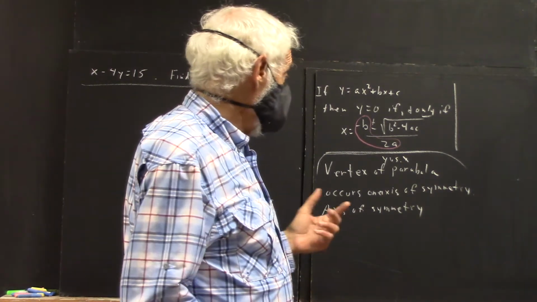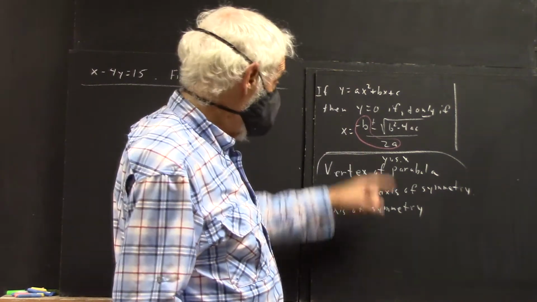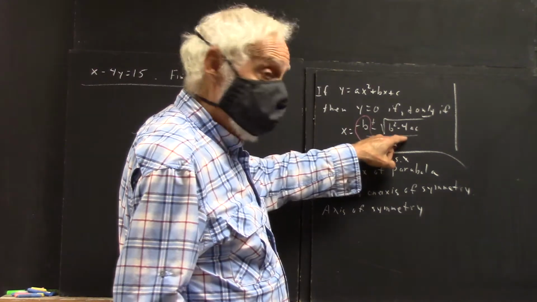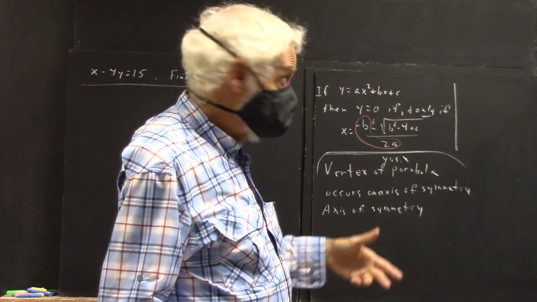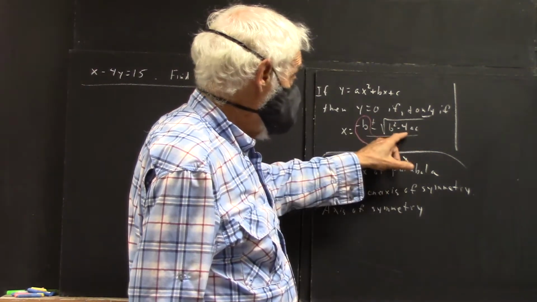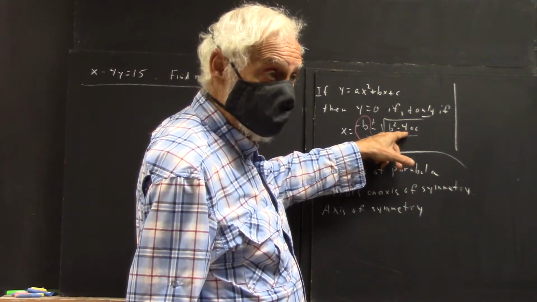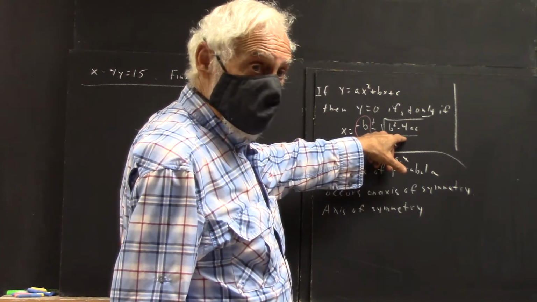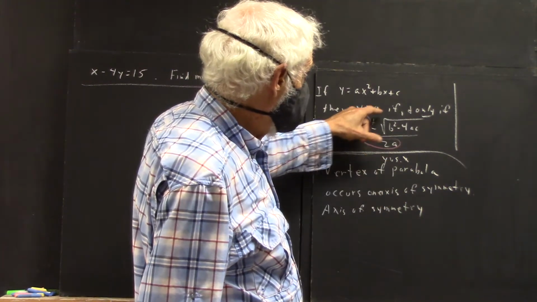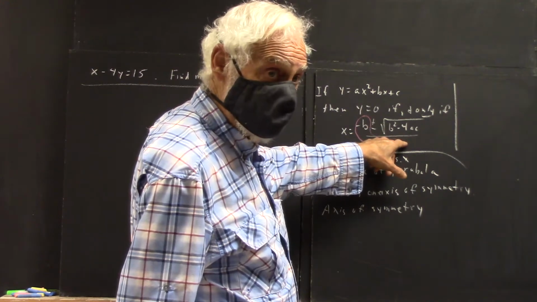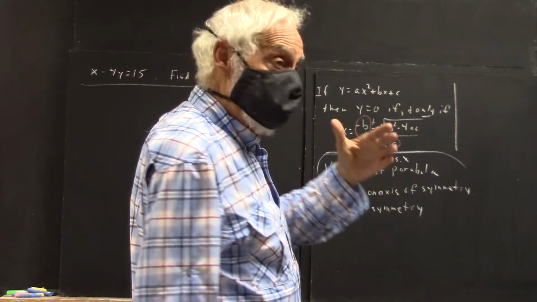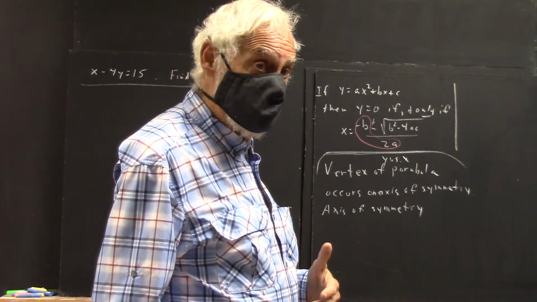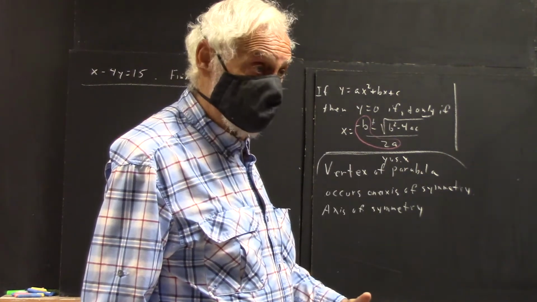Well, the thing that gives you equal distances on the other side of the axis of symmetry is the plus or minus sign. You get two possible results if you have two zeros. One from adding this discriminant, the square root of the discriminant, and one from subtracting. Now, what's halfway between what you get when you add this and when you subtract this? Well, if you add a number to negative b, and subtract the same number from negative b, negative b is right in the middle.